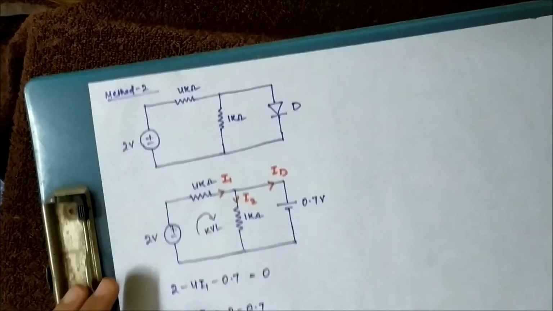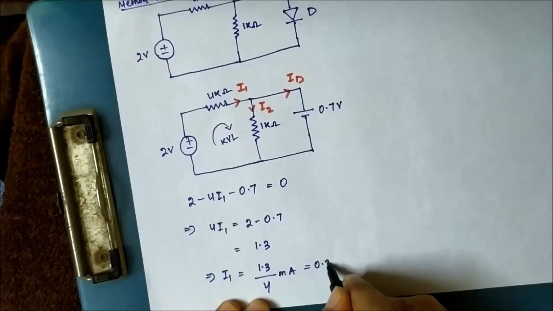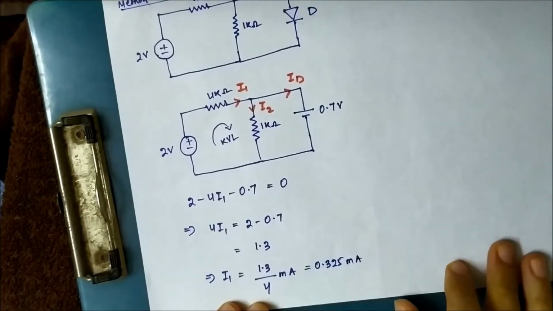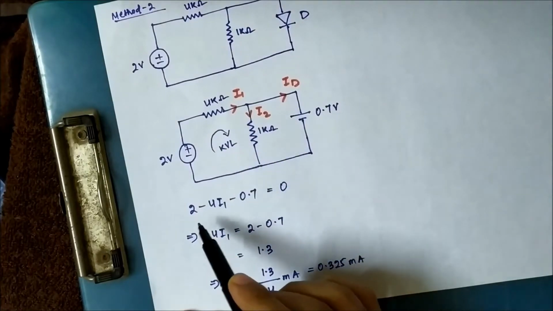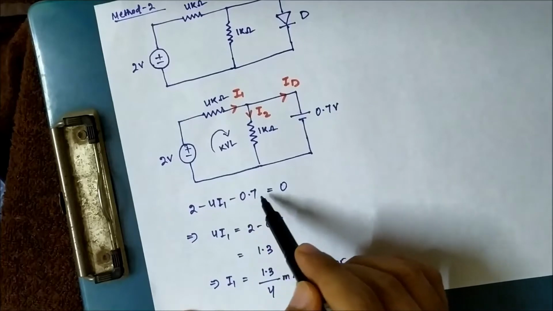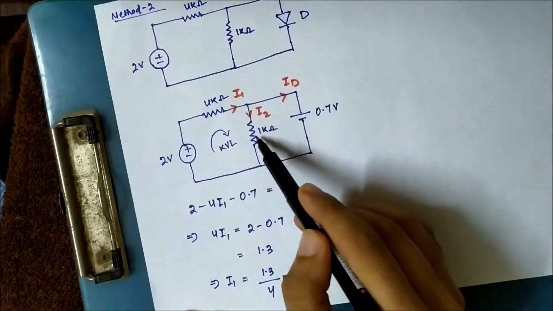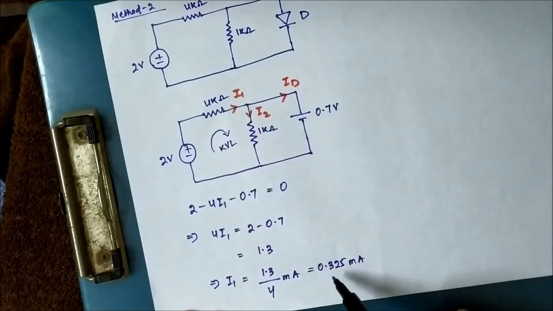It's 0.325 milliampere. So we have calculated it. We have put KVL in this loop, which is this equation, 2 minus 4I1 minus 0.7 is equal to 0. This 0.7 is the voltage across this 1 kilo ohm resistance. So we got the value of I1 as 0.325 milliampere.